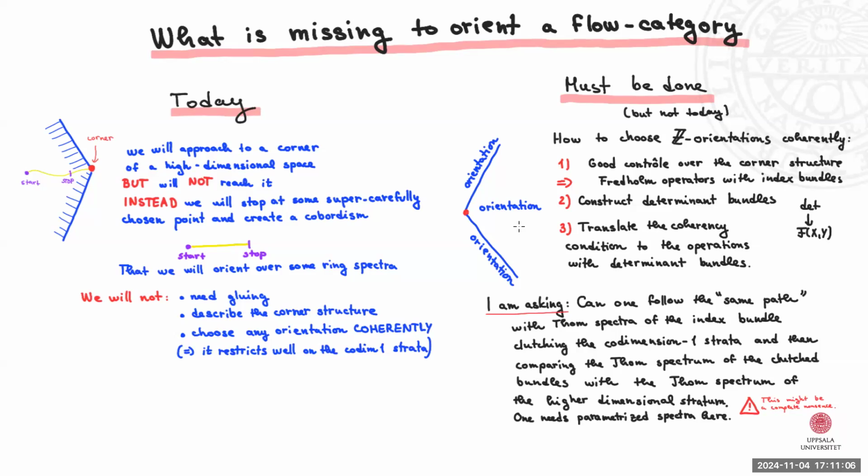You take a Thom spectrum of some virtual bundle, and there you clutch along these two small strata along this corner, and you have to relate it to this orientation in the middle, and you have to do all this over parametrized spectra.